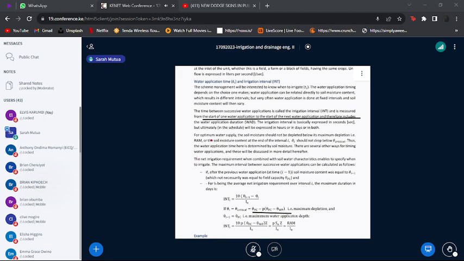You notice soil moisture is a great determinant of the water application time, when we apply the water, and it is dependent on the amount of moisture in our soil. We have very many ways of timing water applications, but we'll see them a little bit later.